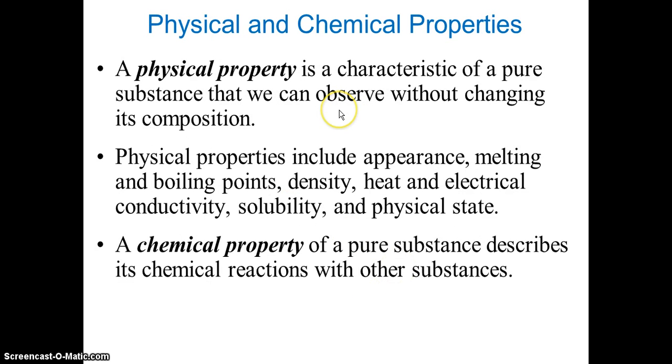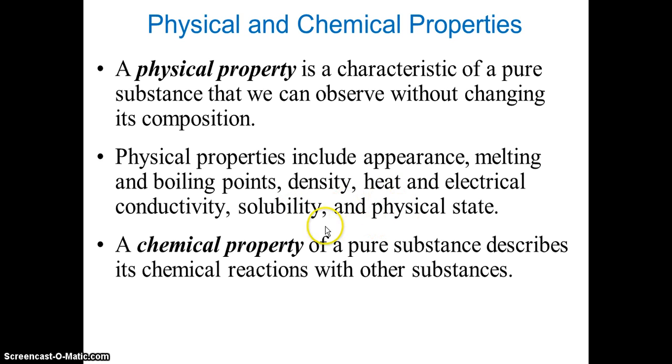Now we are going to discuss physical property and chemical property. A physical property is a characteristic of a pure substance that we can observe without changing its composition. Physical properties include appearance, melting point, boiling point, density, heat, electrical conductivity, solubility, and physical state.